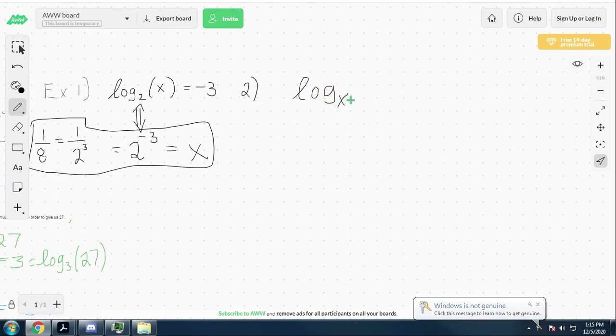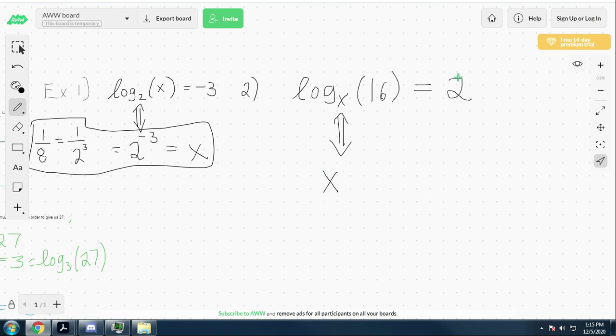Log base x of 16 is equal to 2. Well, let's just remember what this means. What it means is we take the base x, we raise it to the second power, set it equal to the inside, 16.